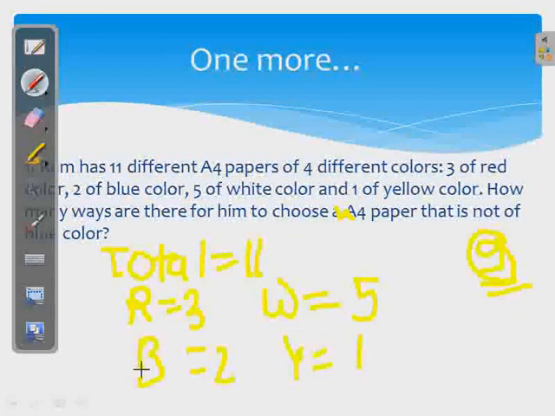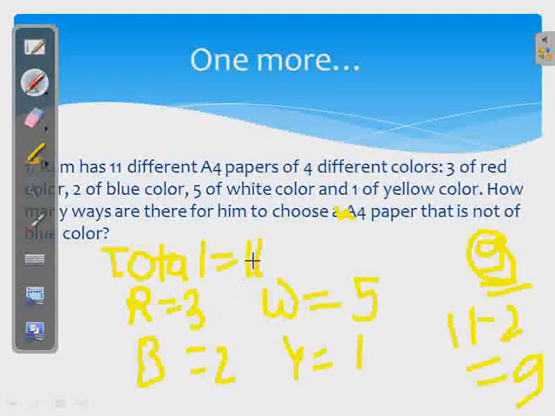So that's right. But in combinatorics, generally what we do is we subtract. We have 11 total ways, and there are 2 ways we can choose blue. So we subtract 2 and we get 9. If there were many colors, red, white, yellow, green, pink and so on, and we are asked for not blue color, then we don't generally add all those colors to get the answer.